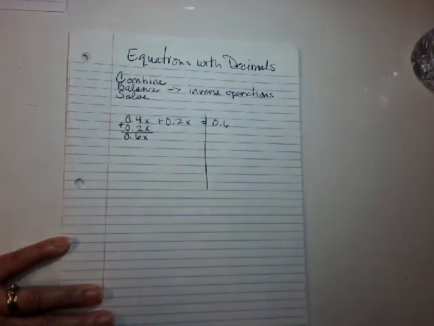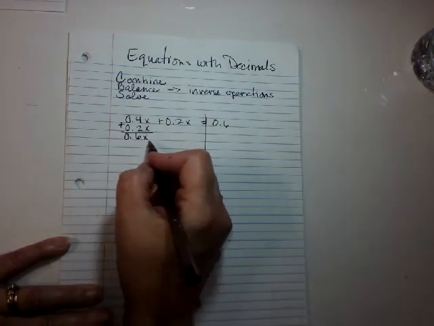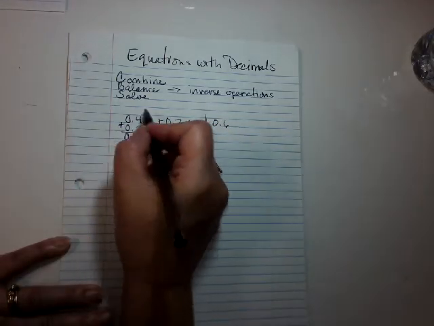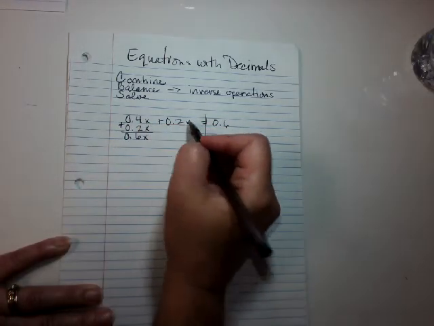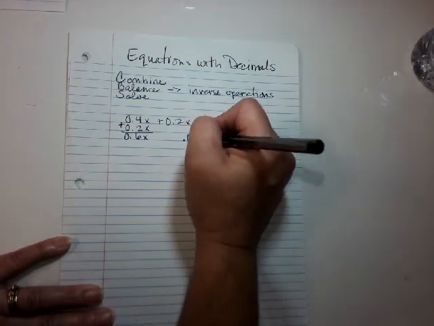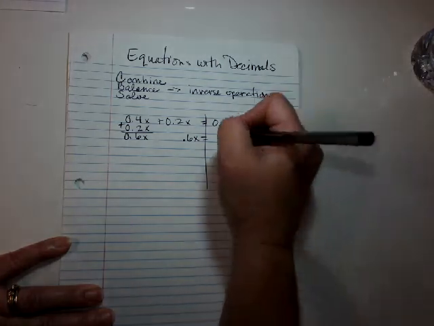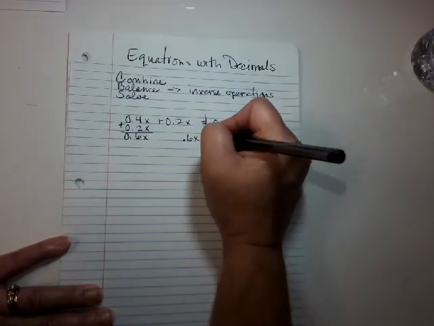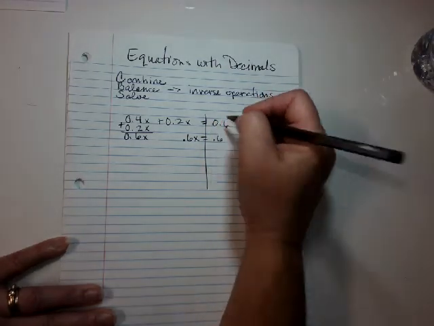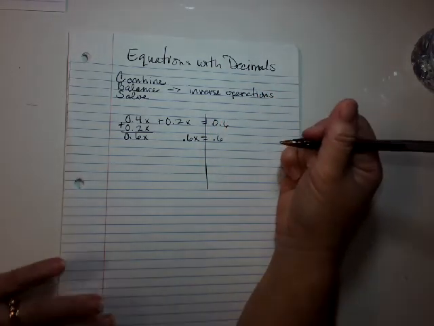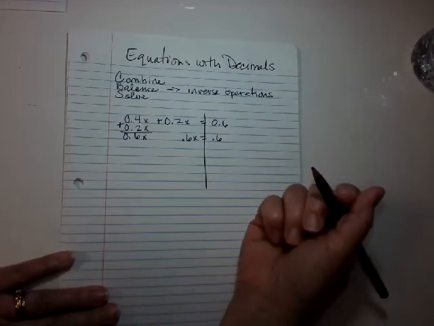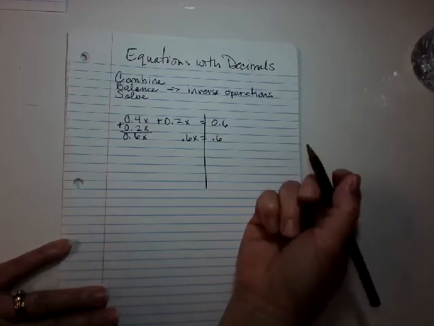Okay, so now we can drop the 0, but we sure can't drop the x. So 4/10 x plus 2/10 x is 6/10 x equals, I'm going to drop off that 0 too, because it just doesn't matter. It means we don't have any whole numbers with our decimal, right? So I am going to get rid of the decimal, and I can do that using our base 10 rules.